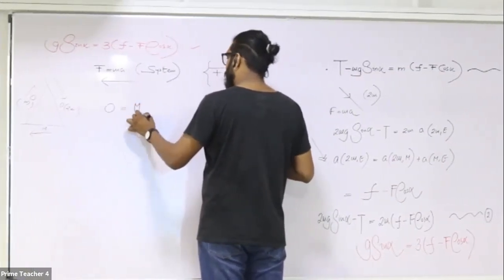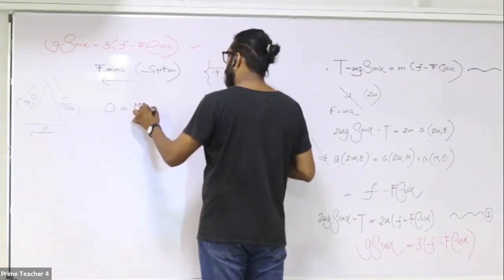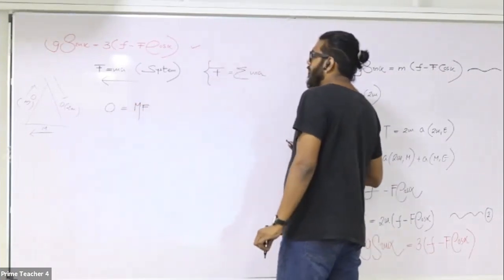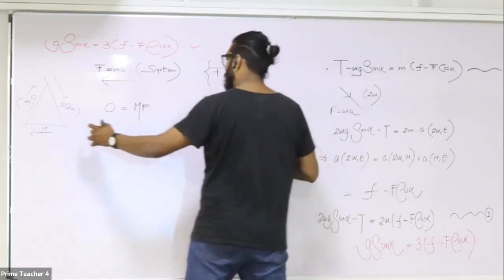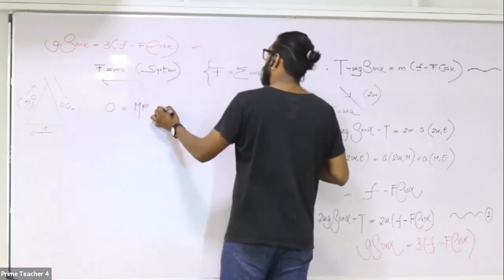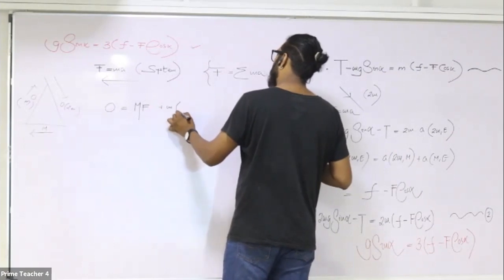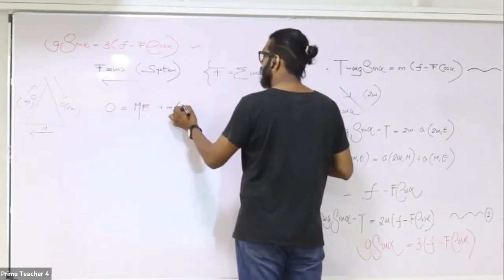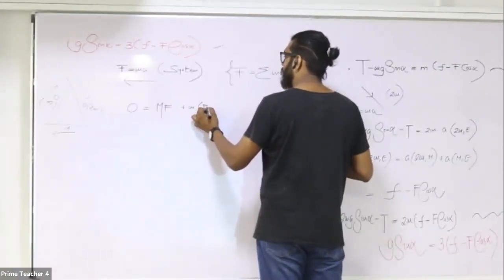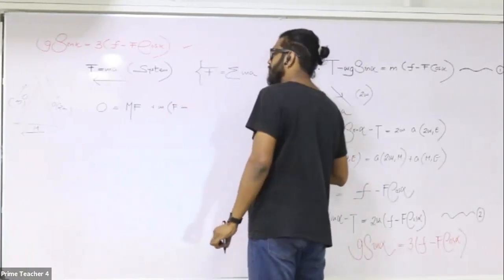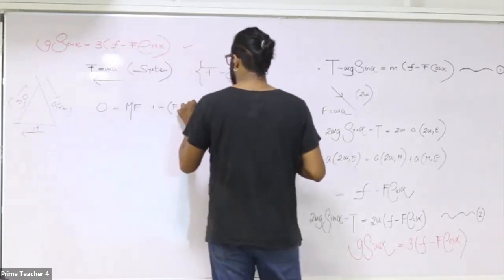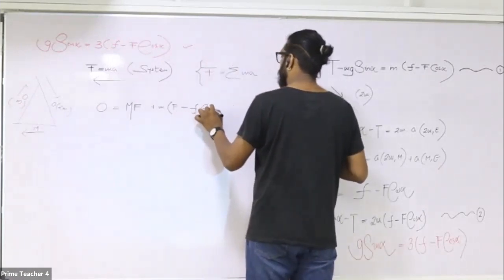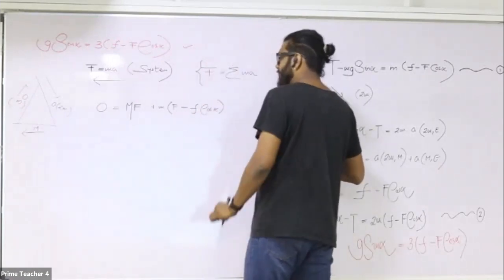So here we can write capital M has an acceleration capital F, and then let's think about simple M. So of course we'll start with F minus F cos alpha, because we are considering this direction.